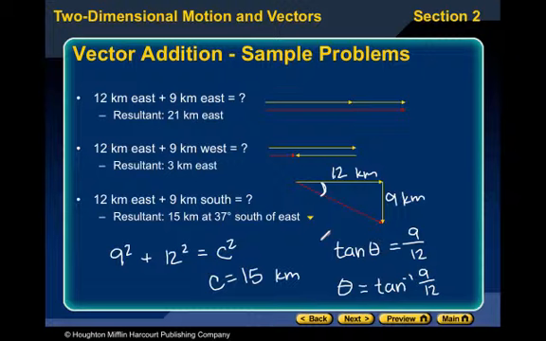If you can, always use what the problem gives you, so that you don't have any rounding going on in your numbers. And so this must equal 37.